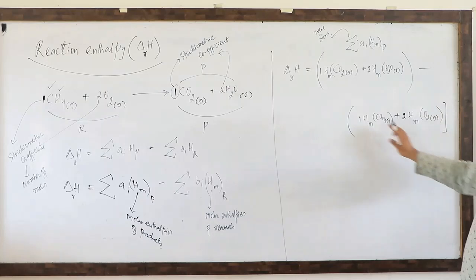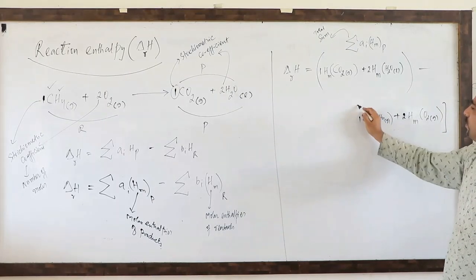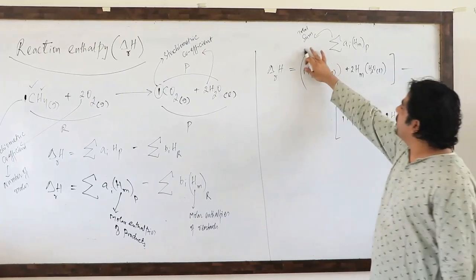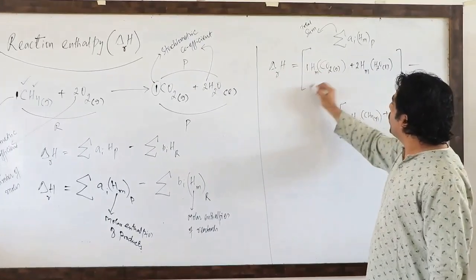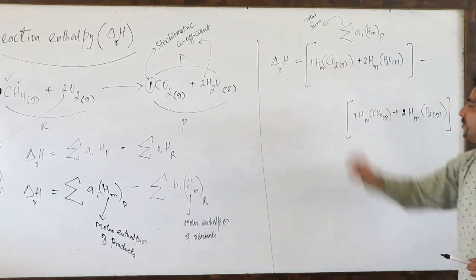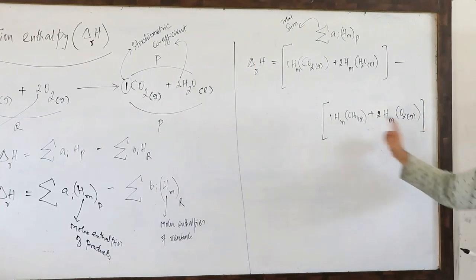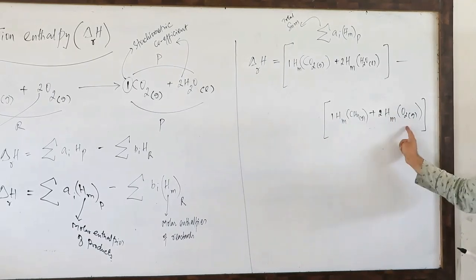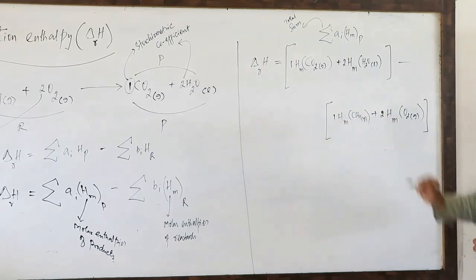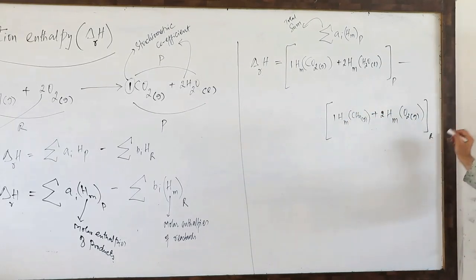Now my dear friends, have a look. I have taken the sum of the molar enthalpies of products multiplied by their stoichiometric coefficients, minus the sum of the molar enthalpies of reactants multiplied by their stoichiometric coefficients. This is for products and this is for reactants.